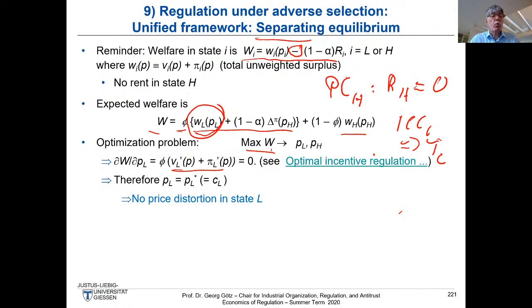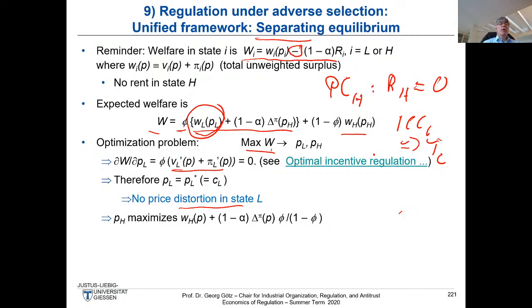And that's a very important result, and a very general one. You also always see this result in related problems in optimal taxation. There is no distortion at the top, it's called there. Here there is no distortion for the efficient type, in a sense. No distortion in state L.